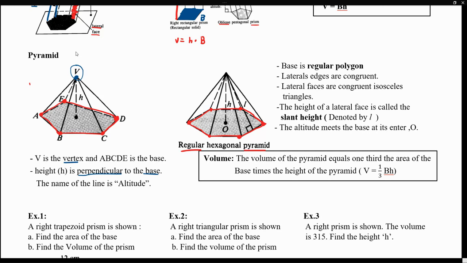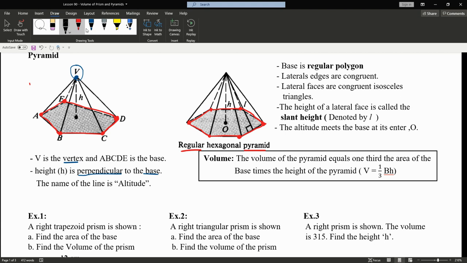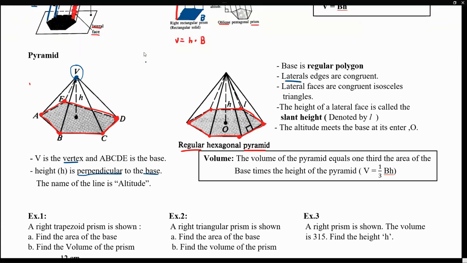Well, here we can see the lateral edges. Anytime we have a regular pyramid, the lateral edges, which are the lines that connect the vertices to the point where all the vertices are connected, are all going to be congruent. And this is only true for a regular pyramid.